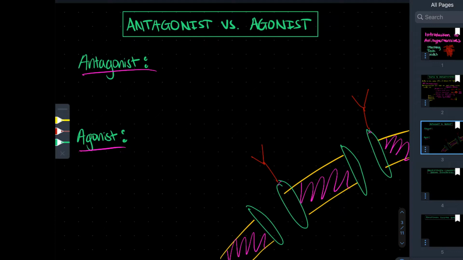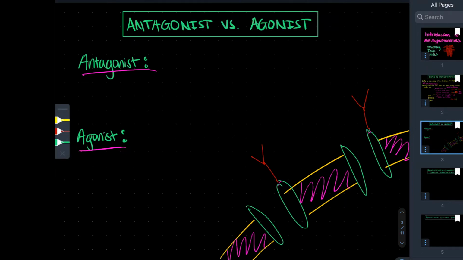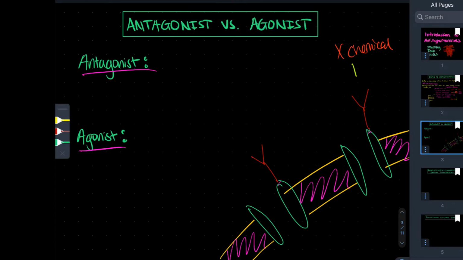So basically, say that X chemical, let's say this lime triangle is whatever chemical. This is all just made up just for the purpose of the example. So say we want to open up this channel right here.